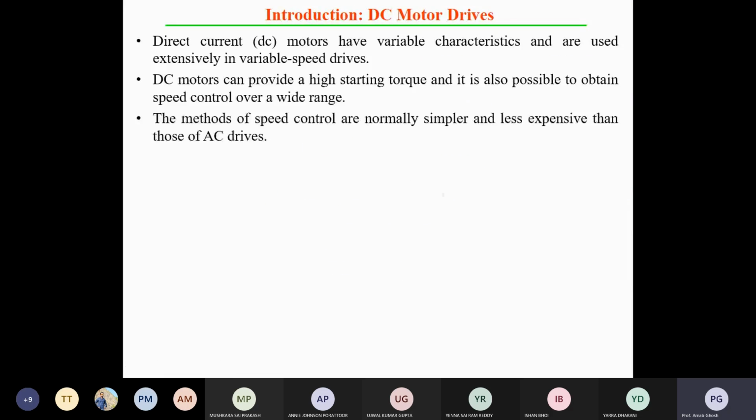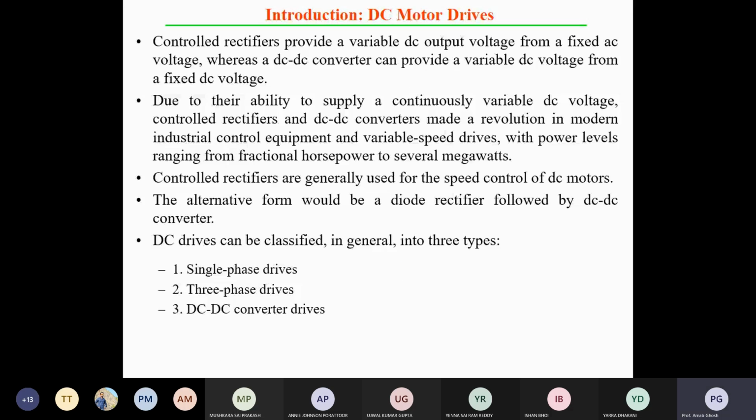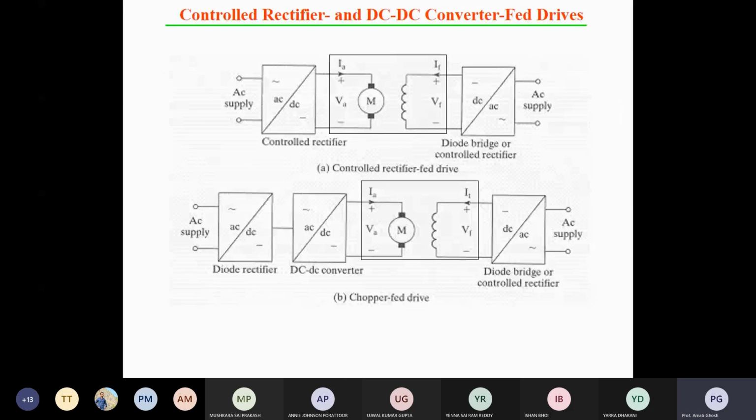So what we need to do is convert that AC into DC, controlled DC, and after that we can feed the DC to the armature of the motor.